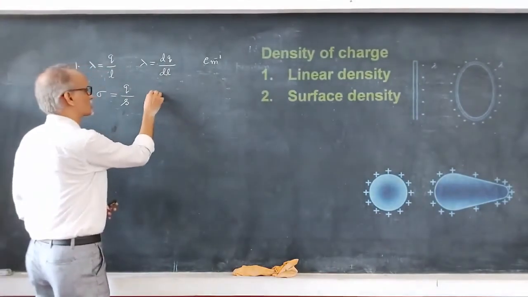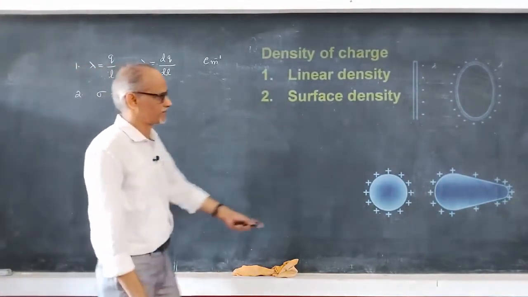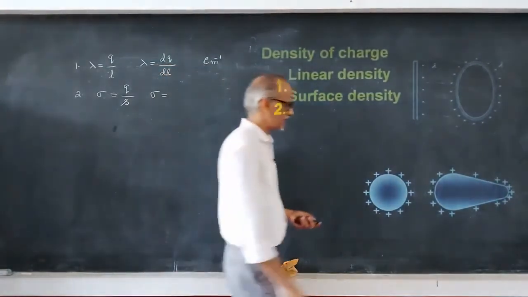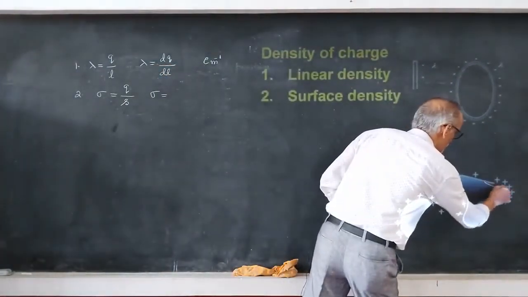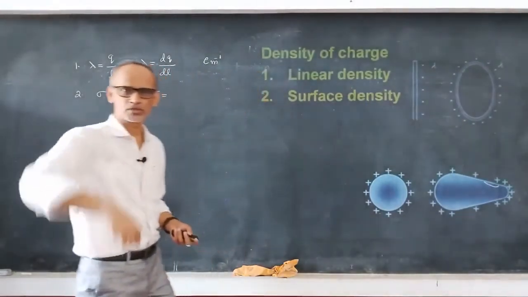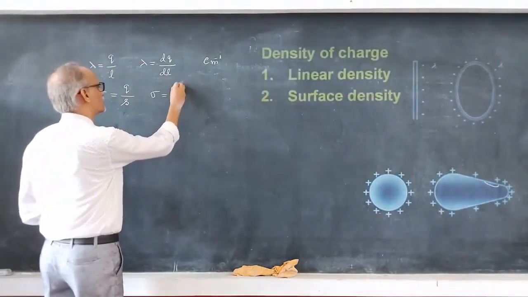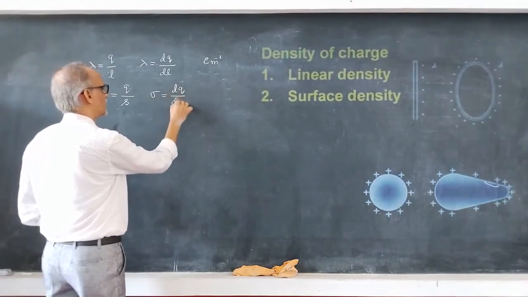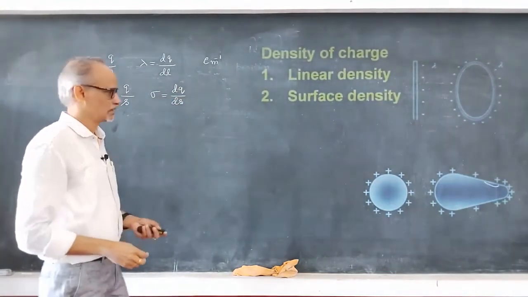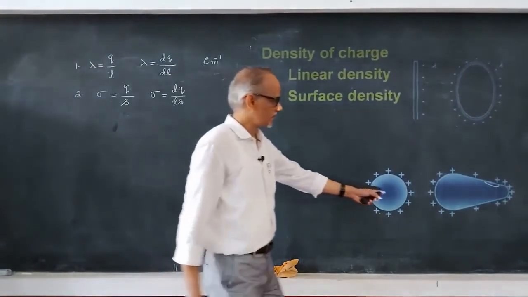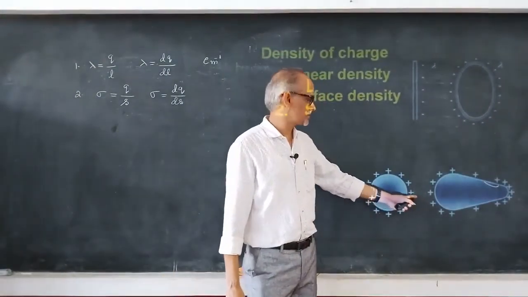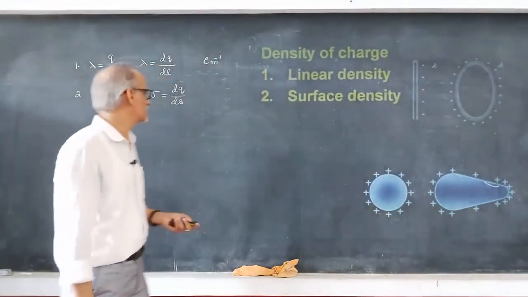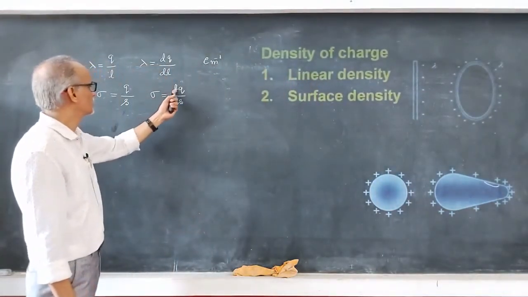If the distribution is not uniform, for example something like this, then select a small portion of the area in which the charges are uniformly distributed, so that we can use sigma is equal to dq by ds. For this type of conductor, I cannot measure sigma straight away because the distribution is non-uniform. In such a case, you have to use sigma is equal to dq by ds.